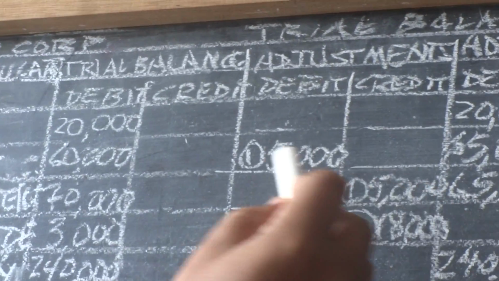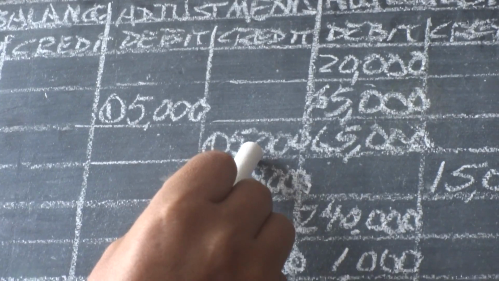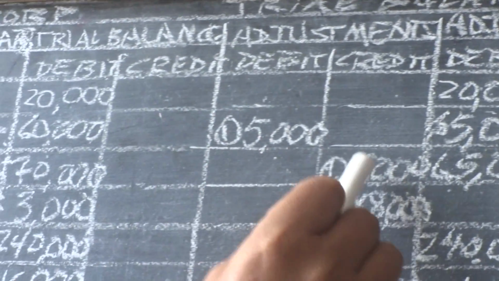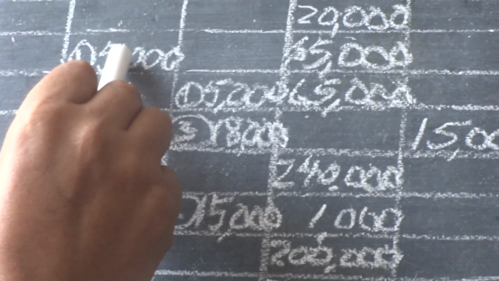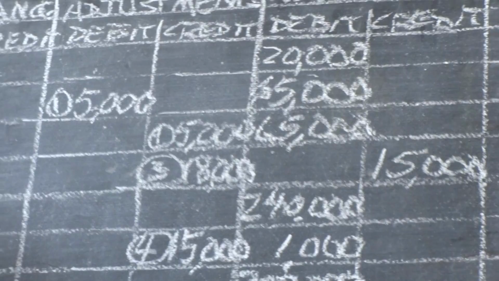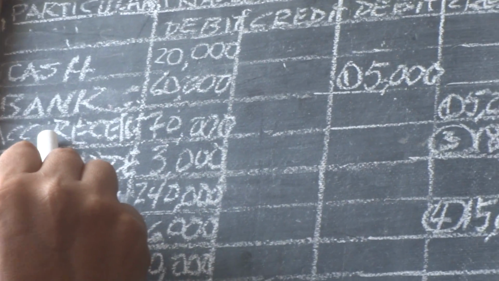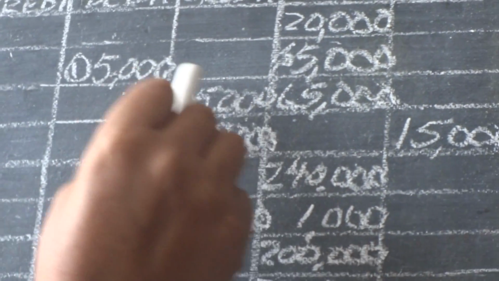So it's number one with this. Number one, the account receivable. We debit $5,000 to the account bank, and we credit the account receivables by $5,000.